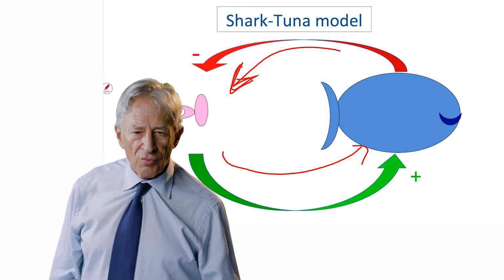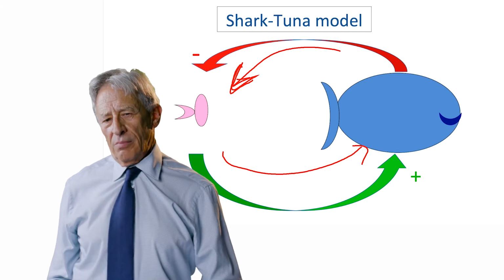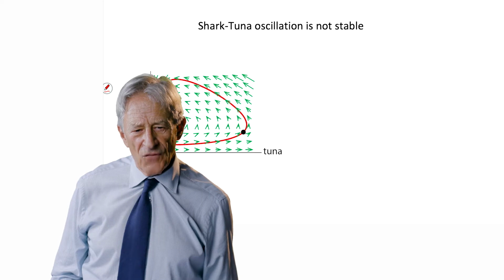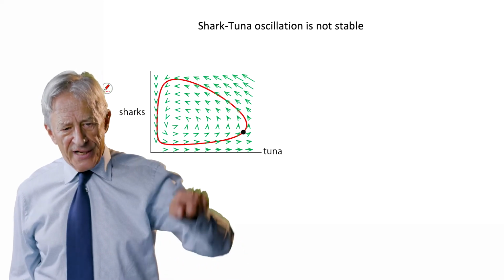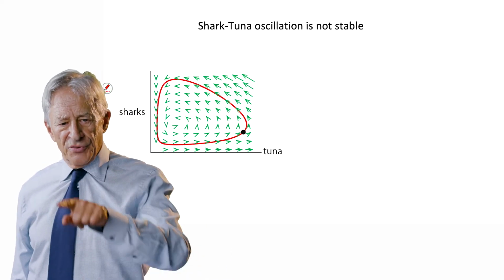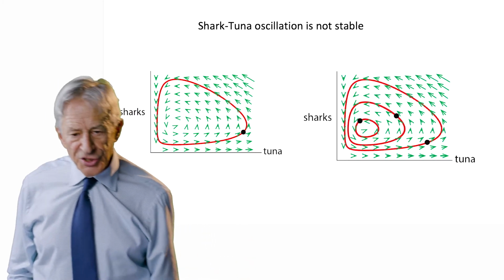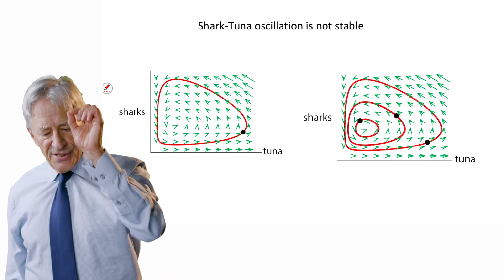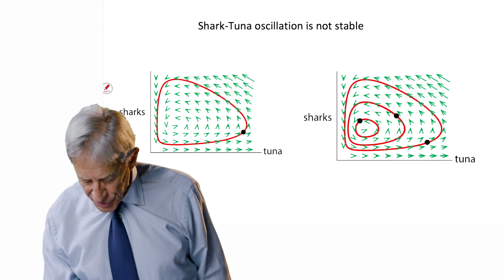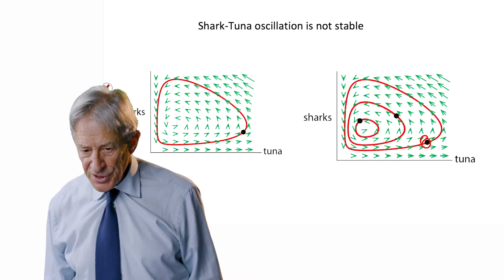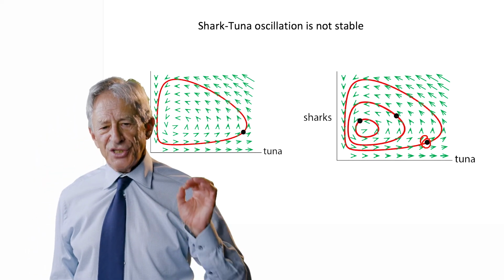But remember a problem that we had with the shark tuna model. This is a typical trajectory of the shark tuna model. And if we changed the initial condition, we changed it from this initial condition to this initial condition, the oscillation changed.